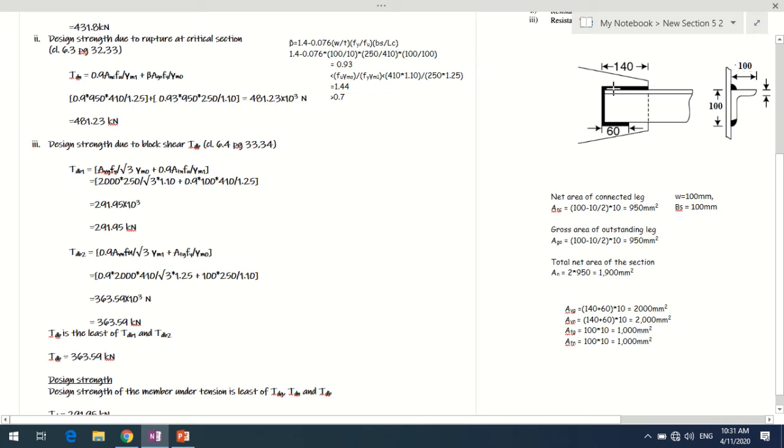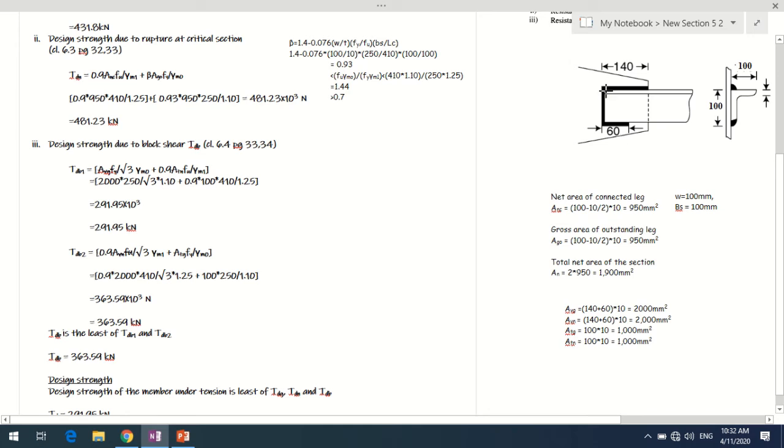These two are the lines along which shearing will occur, this 140 and this 60. Along these two weld lengths, shearing will be experienced. So the total area along these shearing lines will be 140 plus 60 into the thickness of the angle, that will be 2000 mm square gross area, and the net area along the shearing plane will remain the same, 140 plus 60 into 10, that is 2000 mm square.